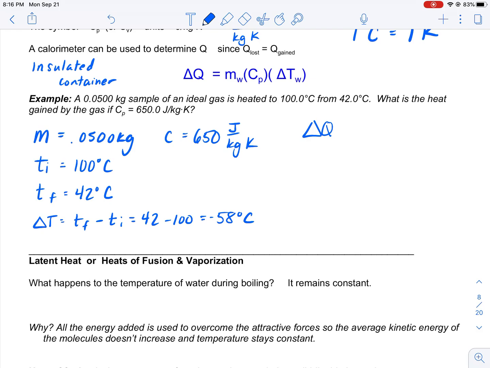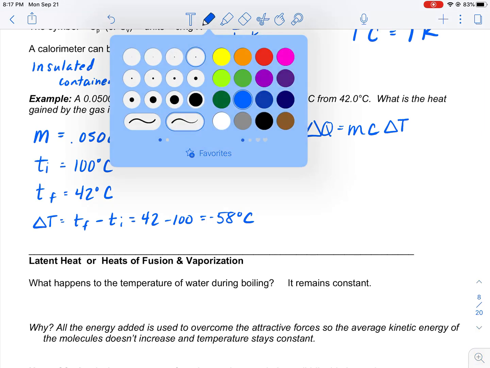So this is a pretty straightforward plug it in and solve it question. So Q, the heat lost or gained, is equal to the mass times the specific heat times the change in temperature. And actually, when I look at this, I'm going to fix this. I wrote this for water, so my apologies.